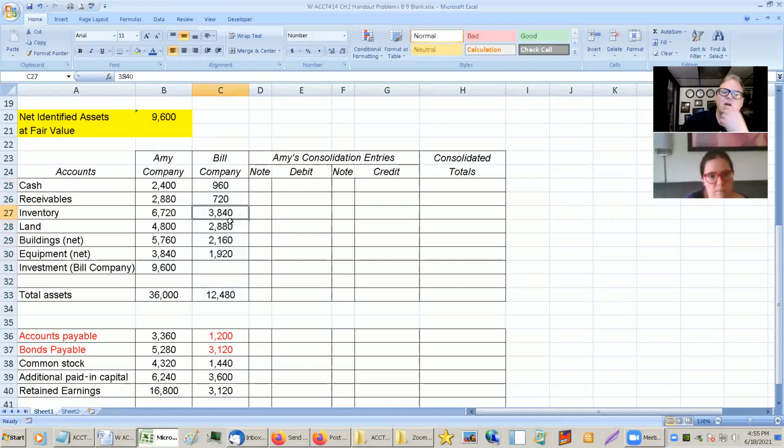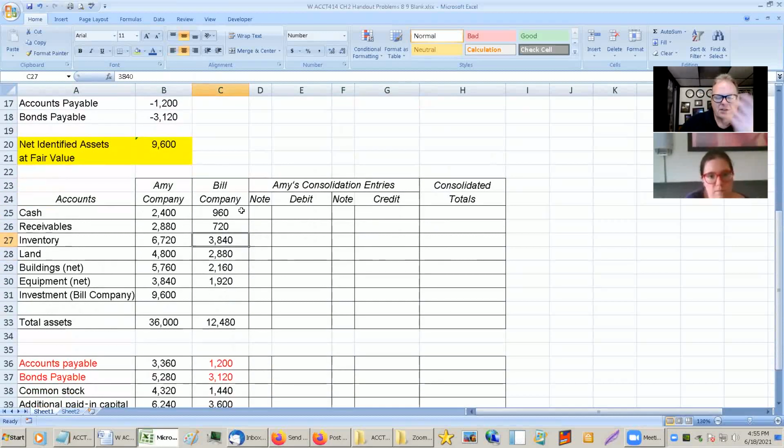So we're going to do what they call consolidating entries. Sometimes they're called other things, but for the most part, they're entries that are done on the parent company's books. So these are going to be done on Amy Company's books, and they are to adjust for the consolidation.